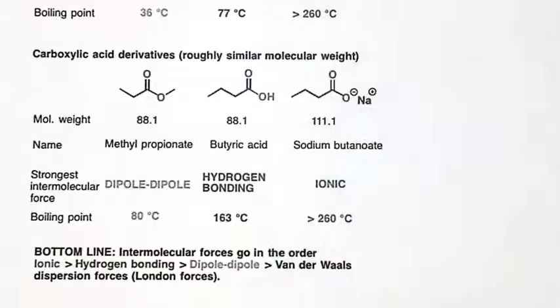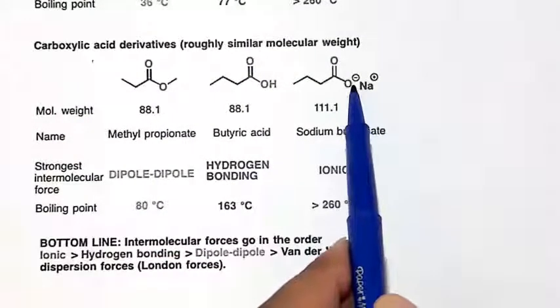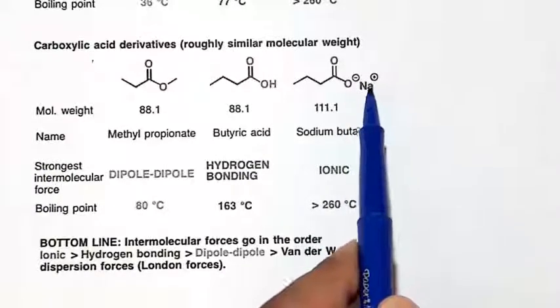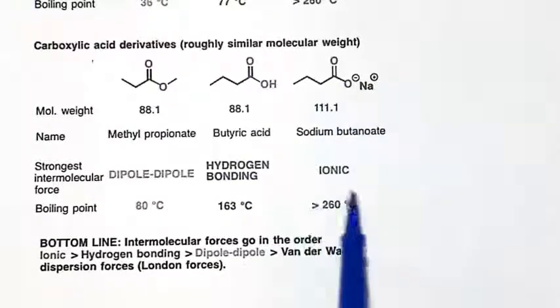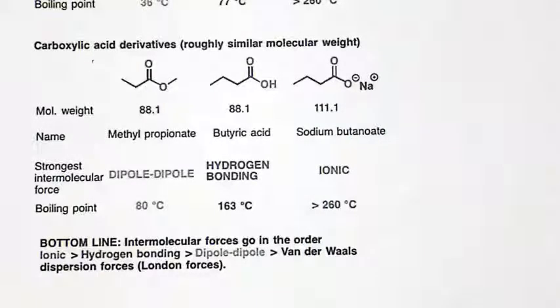Okay, all of these are carboxylic acid derivatives, and if you had that O minus, fully negative, interacting with a fully positive sodium ion, so it's a complete ionic interaction, very high boiling point. Again, because this is not a partial interaction, it's a complete charge interacting with a complete positive charge.